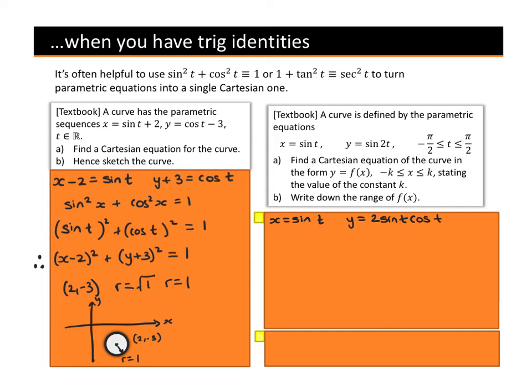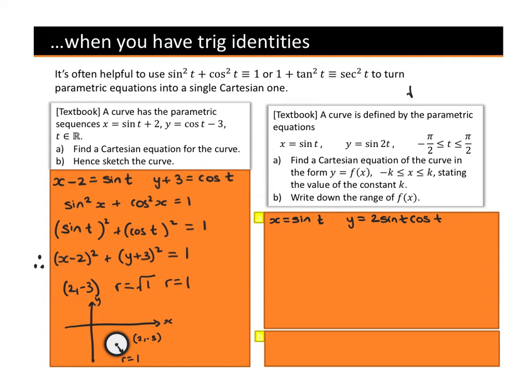Okay? Which is great. But now I've got a sine t and a cos t. I don't really know what to do here. What do I know about cos t? Okay, if we're going to have it all in sines. We know that sine squared x plus cos squared x equals 1, right?